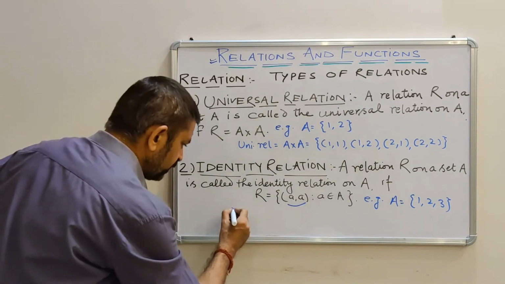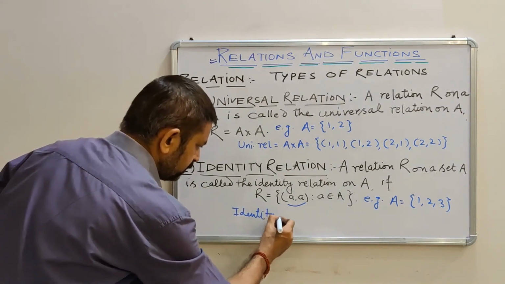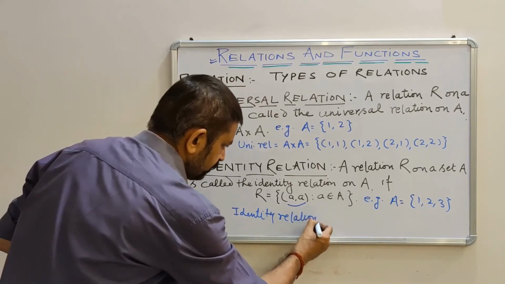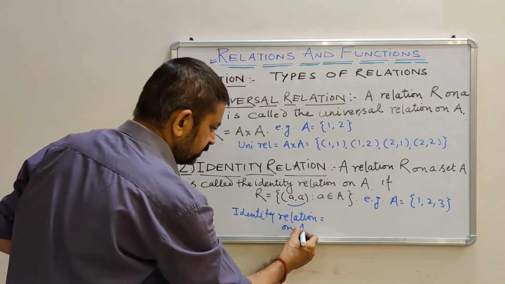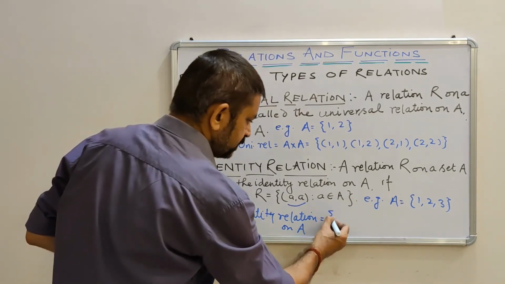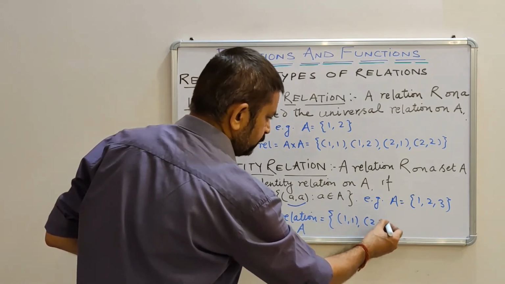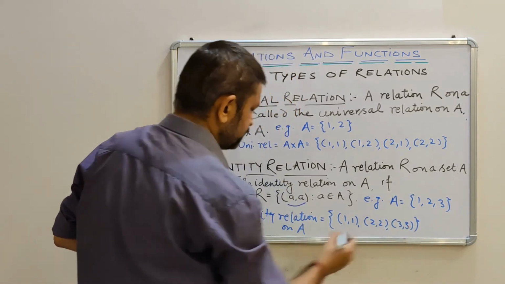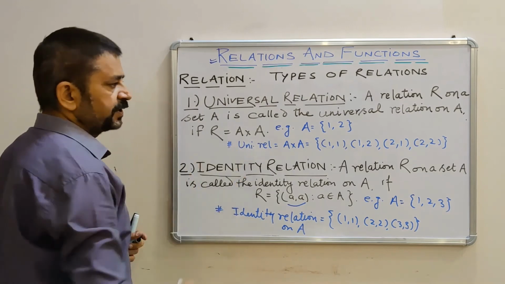So what will be the identity relation? Identity relation on set A is (1,1), (2,2) and (3,3). This relation is known as the identity relation.